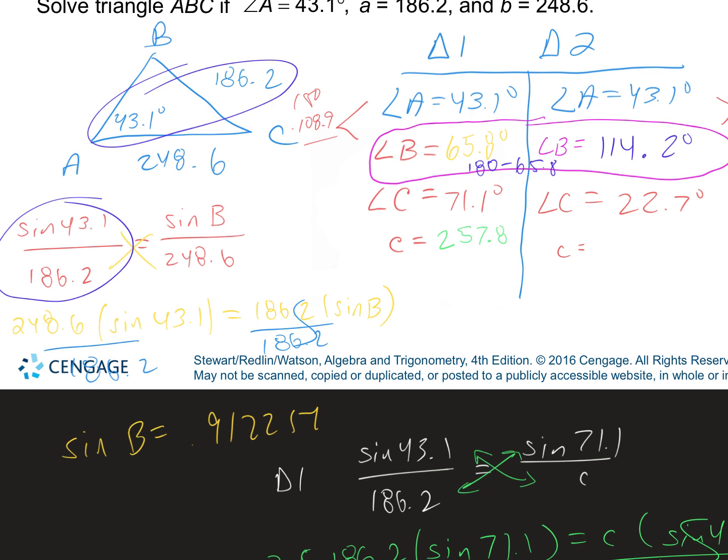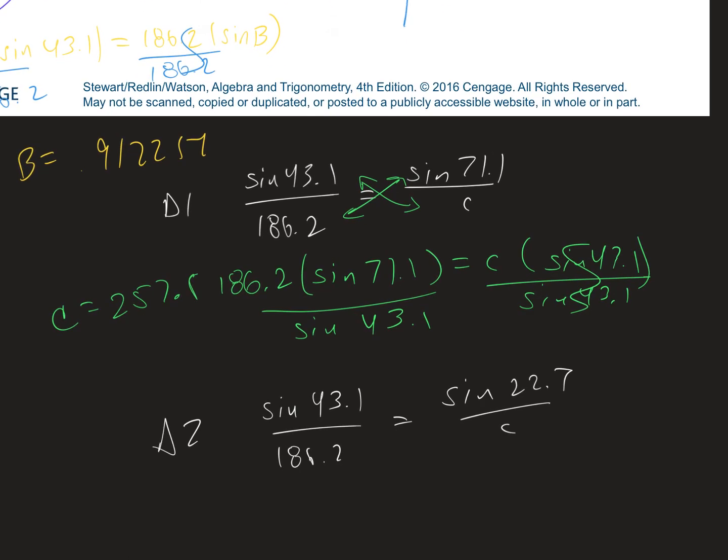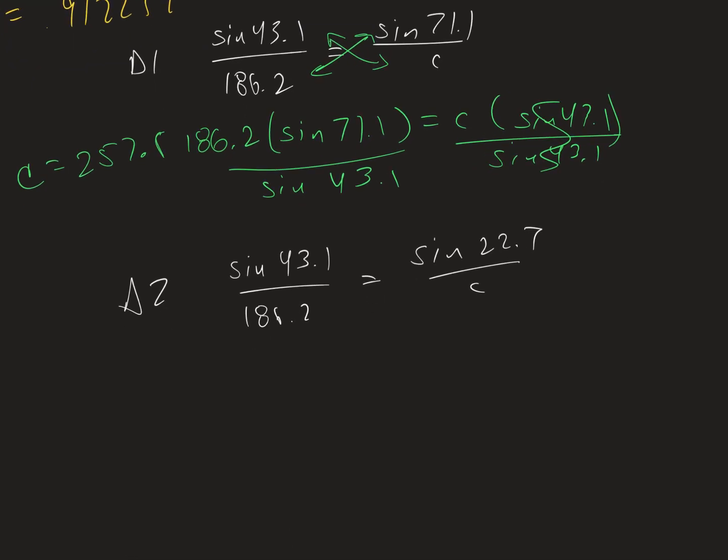Now we're going to do the same thing, using the same first given proportion, but with the angle C information from triangle 2. So 186.2 times the sine of 22.7 equals C times the sine of 43.1.